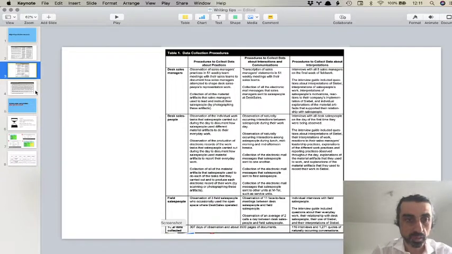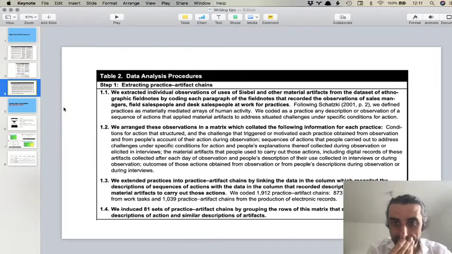Okay, so here, instead of finding a high N in observation, because I just wasn't looking for it, I found a high N in data analysis.